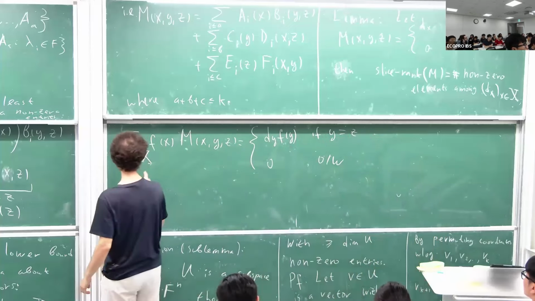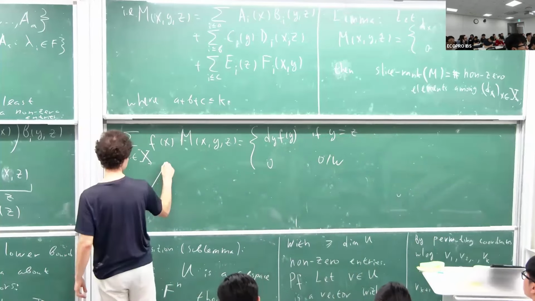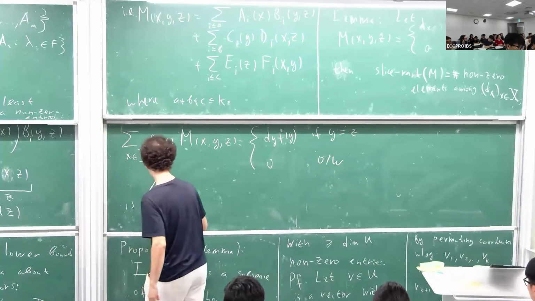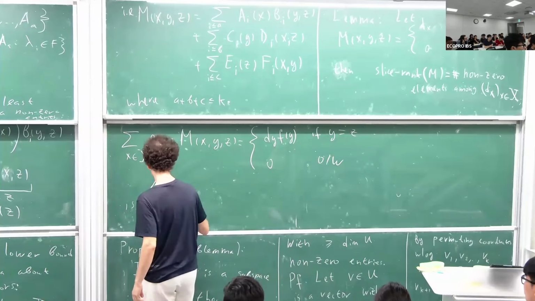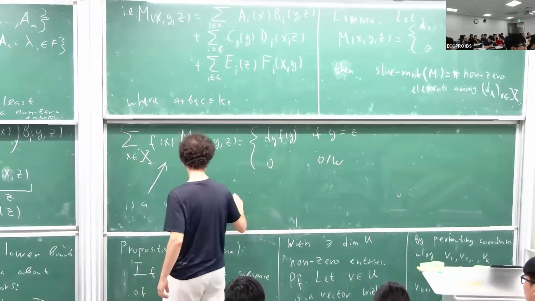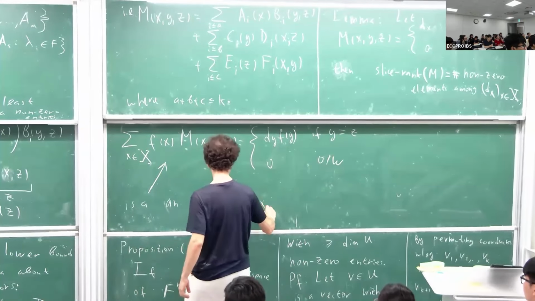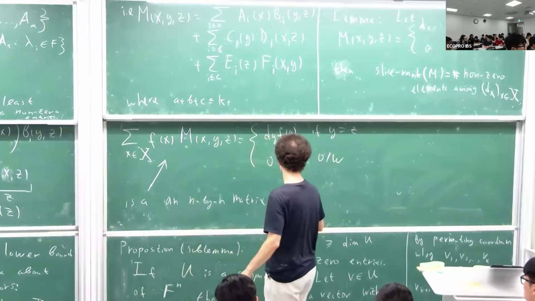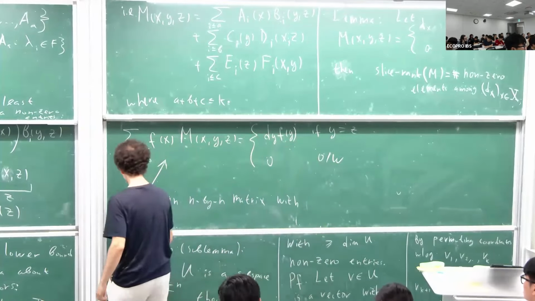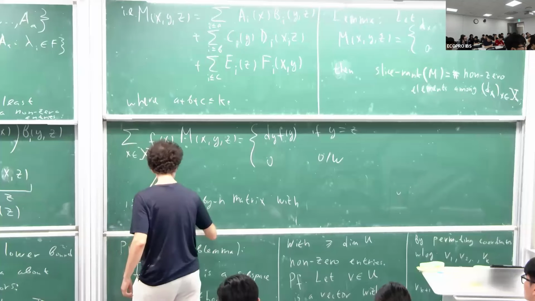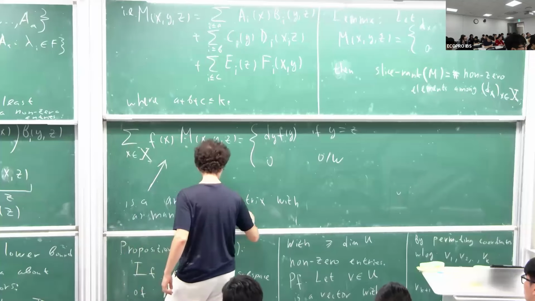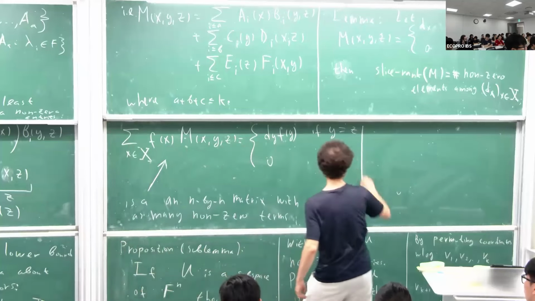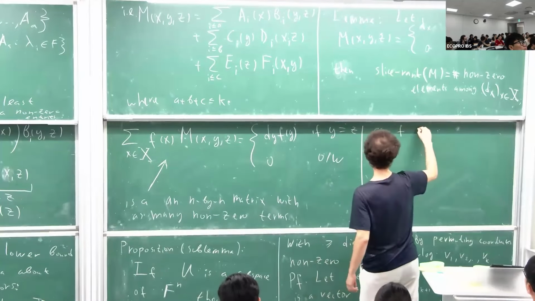So, in other words, this thing here is an n by n matrix with as many non-zero terms as f has non-zero terms.